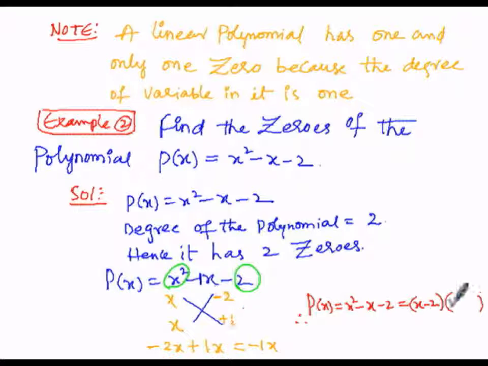When we multiply these two factors, again we will get the same x square minus x minus 2 as p of x. So p of x is x square minus x minus 2, which equals x minus 2 and x plus 1.